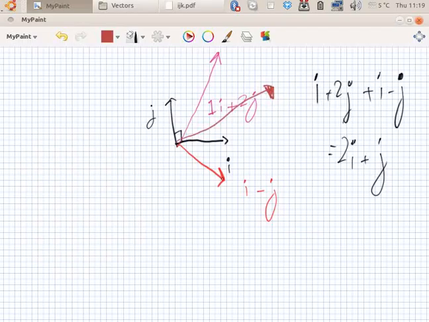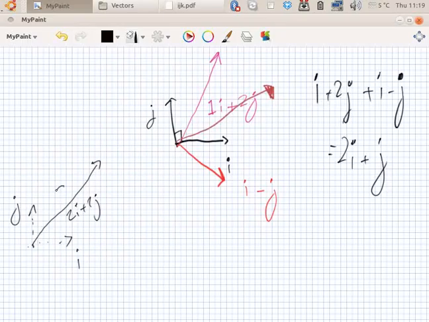So as another example, here is my i and then here is my j. So let's say here is 2i plus 2j.